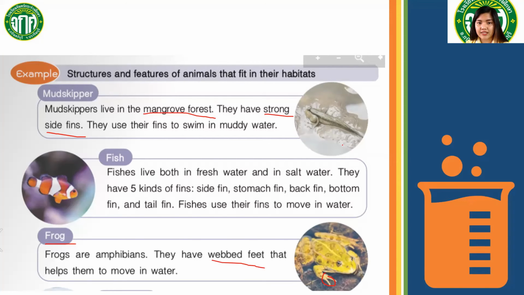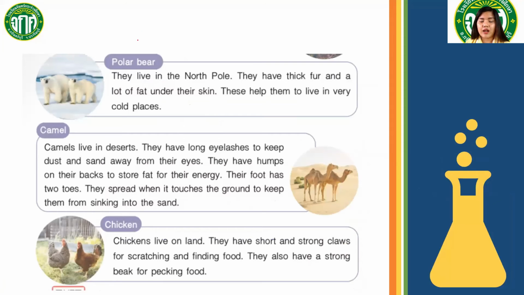All right. Next, we have here polar bear. Have you seen a polar bear? They live in the North Pole. They have thick fur and a lot of fat under their skin. This helps them to live in very cold places.